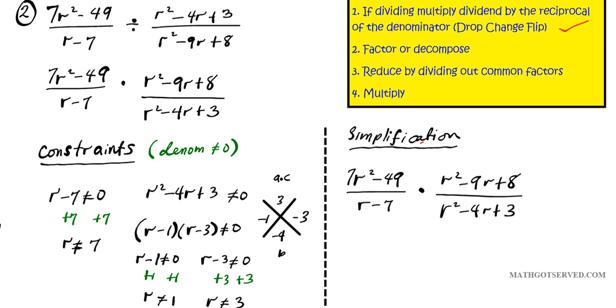Now we're going to factor each term. 7r squared minus 49 has a GCF of 7, so we can factor out a 7 from here. So we have 7 times r squared minus 7, divided by r minus 7.